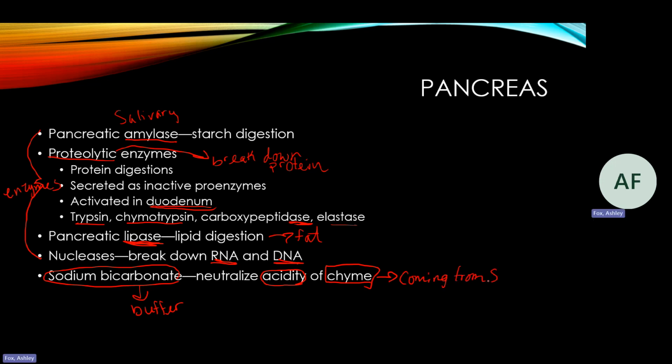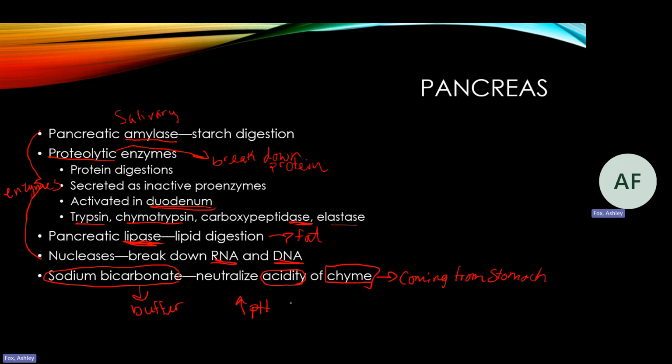Into the duodenum. Well, the stomach is meant and capable of handling pHs of 1 to 3 with its hydrochloric acid. The duodenum, not so much. So you need sodium bicarbonate released by the pancreas to increase the pH of what's coming from the stomach.